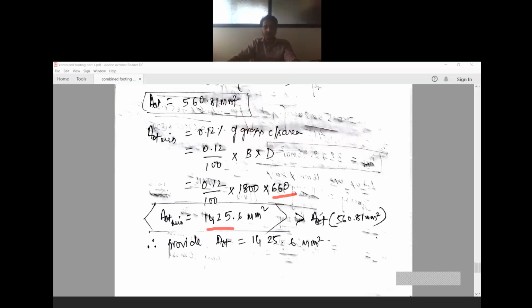But according to the moment, we have 560, which is very less. So we have to provide this value there, which is 1425.6 mm square. When I consider this as AST, I shall consider the diameter of the bar.